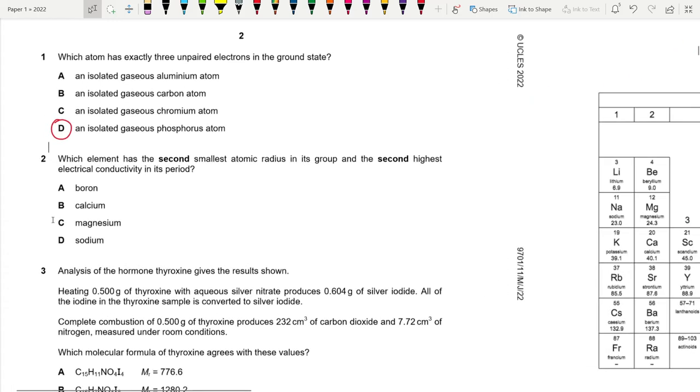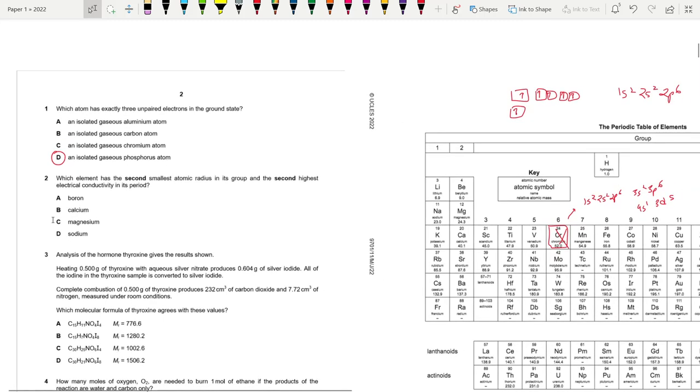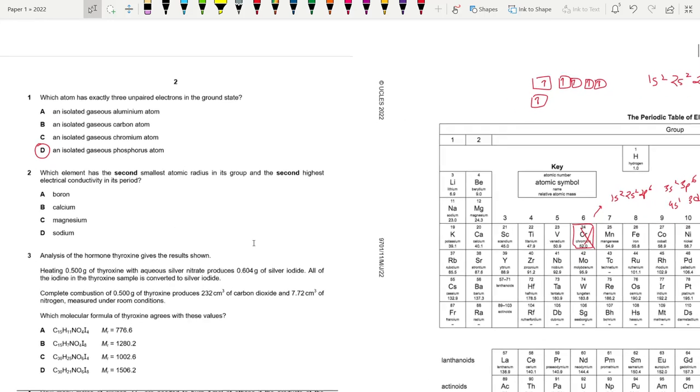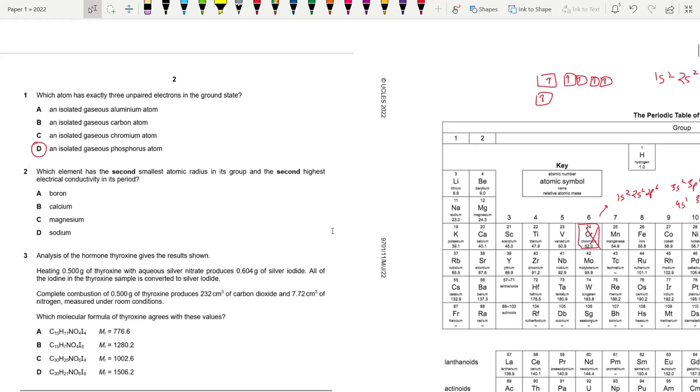Okay, second smallest atomic radius. As we go across the period from left to right, atomic radius decreases. So it can't be sodium. Oh, we're talking about the group, right? Okay, so we're talking about groups.